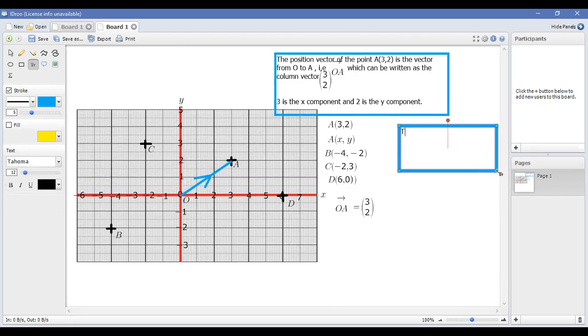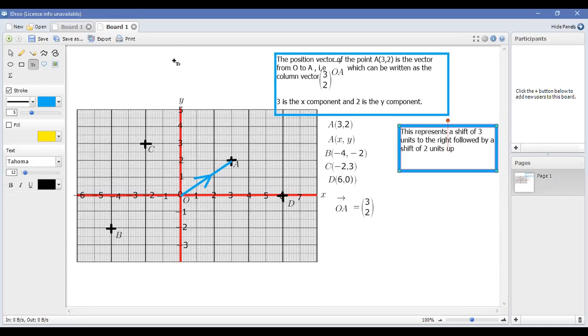Yes, sir. Okay. Yeah, so just add this bit of notes. This represents a shift of 3 units to the right, followed by a shift of 2 units up.